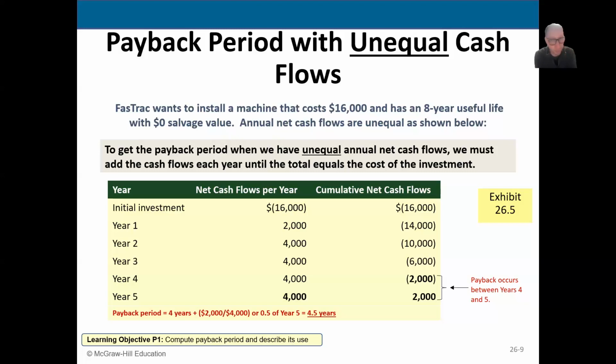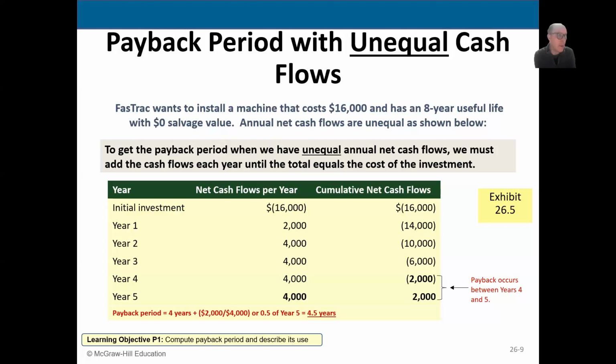What we do is find the point where the cumulative net cash flows equal 0. That's when we know we've been paid back for the initial investment, right? So the initial investment was minus $16,000.